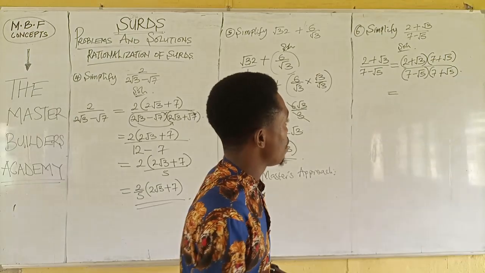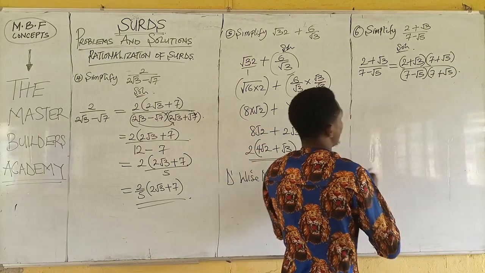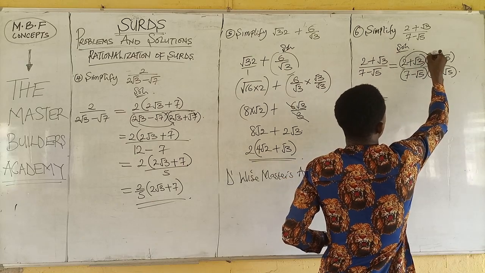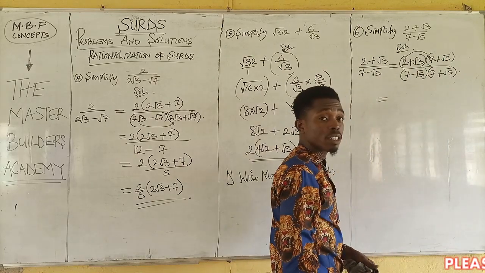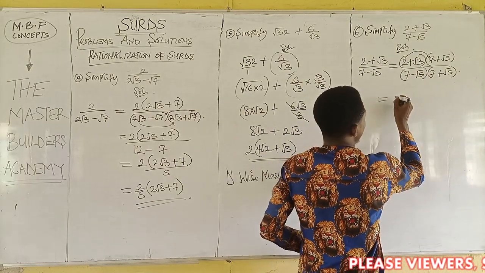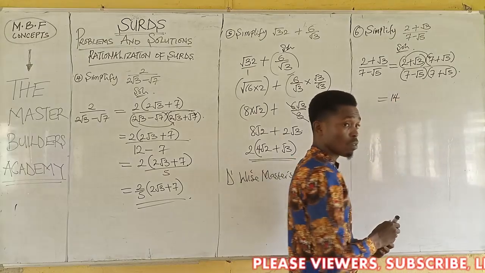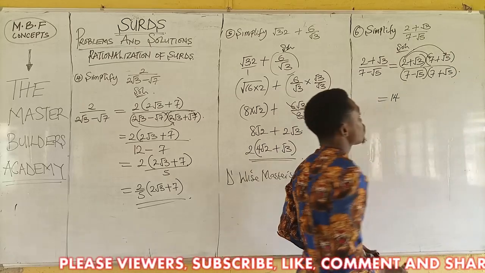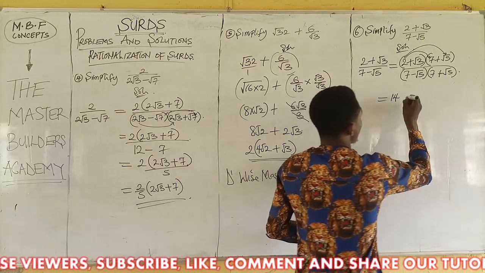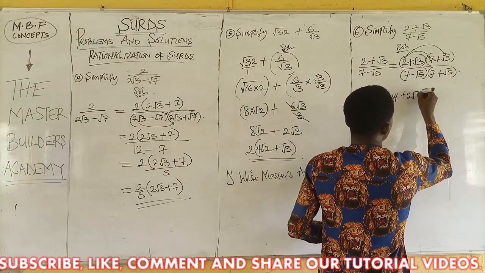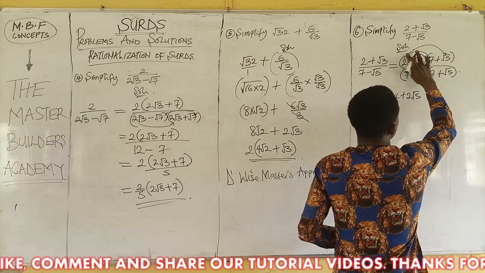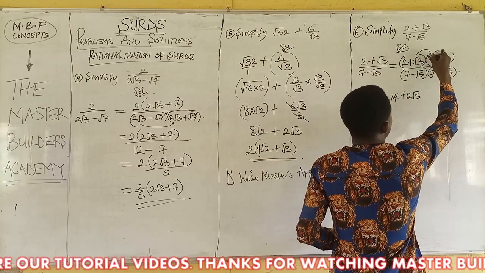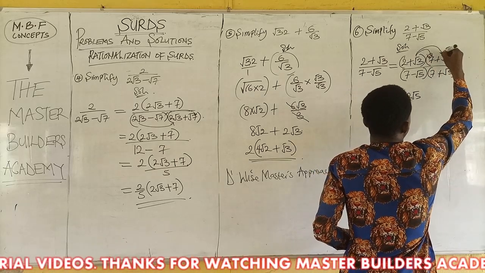Now I will show how we can expand everything here. So in this case, what do we do? 2 will come and multiply 7. Now 2 times 7, guys, we are going to have 14. Then 2 also will multiply root 5. So 2 times root 5, we are going to have 2 root 5. We are done using 2 to multiply. Then the next is to what? Root 3 will multiply the first number here and also multiply the last number here.